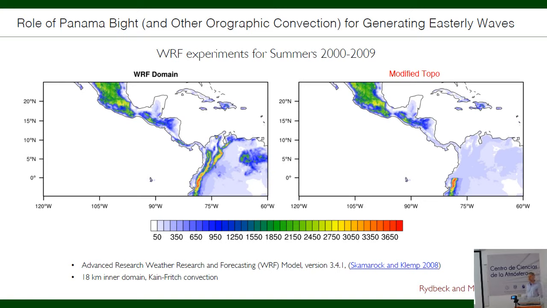The idea is that if we flatten land, we can reduce the strength of this diurnal convective disturbance that's generated in this region and is seeding easterly waves. There are other ways you could do this that we're also exploring currently, but as I'll show you in the next slide, this does a reasonably good job of reducing easterly wave activity and the diurnal cycle in this region.